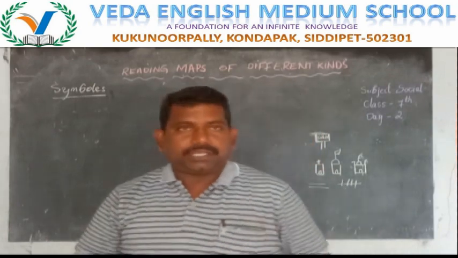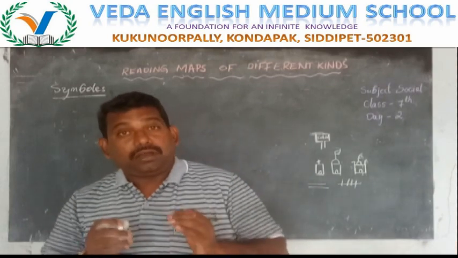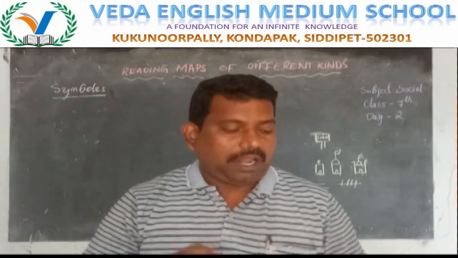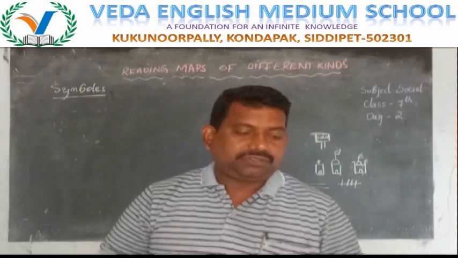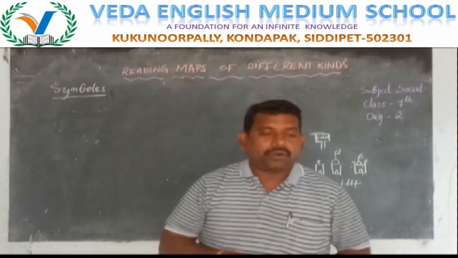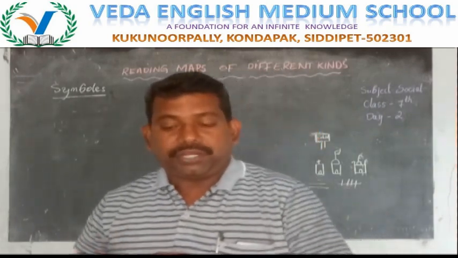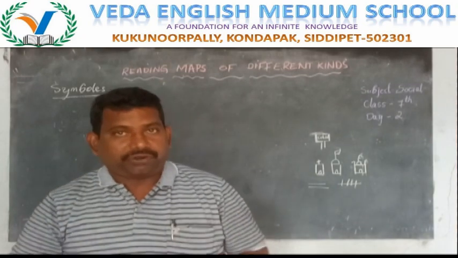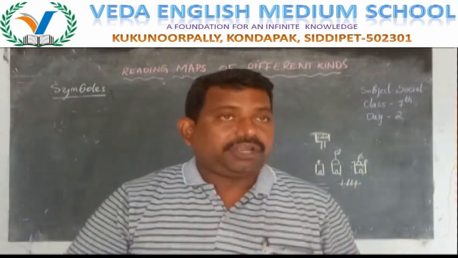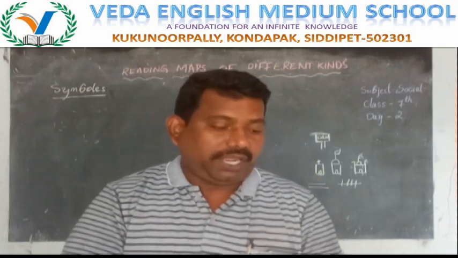In 6th class, you learned different symbols like tree, tank, Kacha Road, Pakka Road, church, school, temple, settlements, broad gauge railway line, and meter gauge railway line. Like this, different types of symbols you learnt.